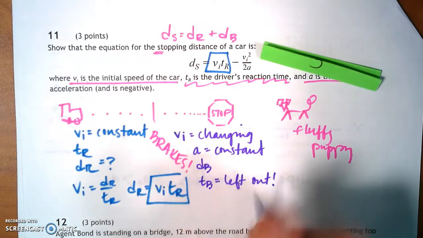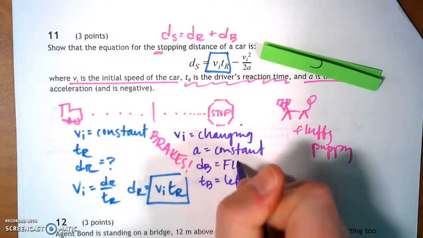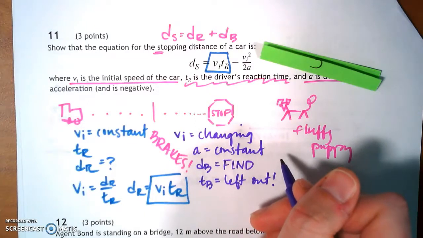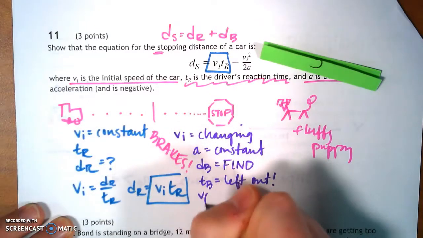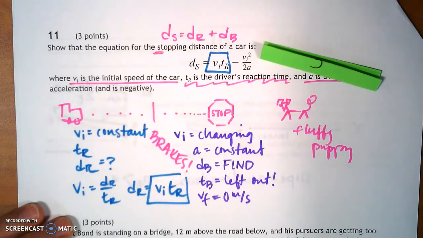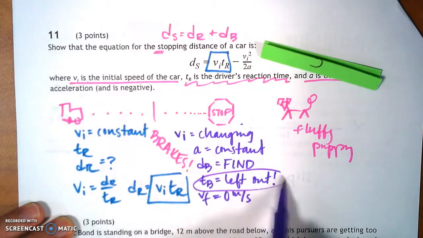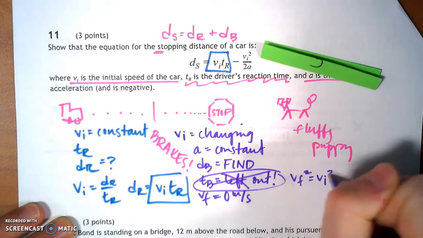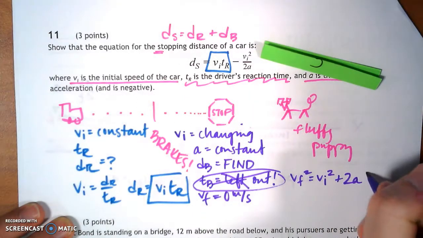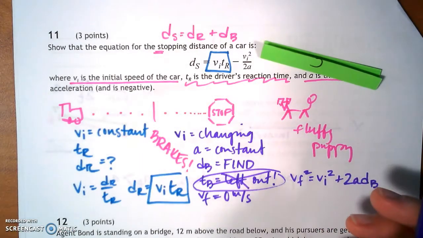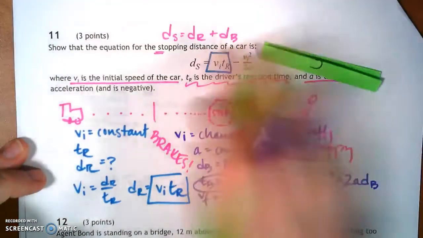No, you stare at that fluffy puppy in front of you and you're watching the distance decrease and hoping that you come to a stop, meaning final velocity equals 0, before you run into that fluffy puppy. So I'm going to choose an equation where time is not one of my variables. I'm going to use my braking distance instead of my delta x for displacement like usual. So I'm trying to solve for what that braking distance is.